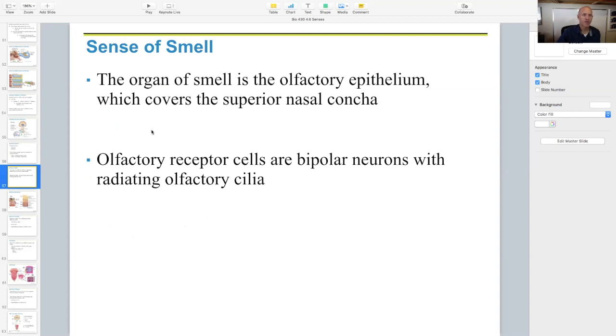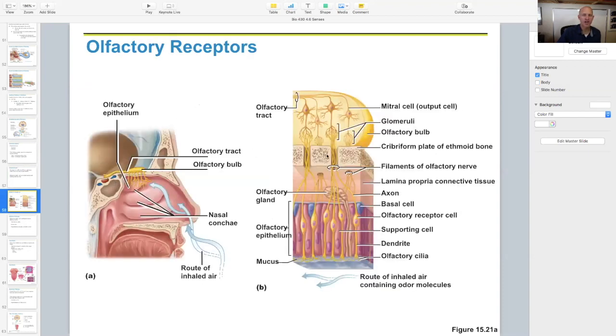The organ for the sense of smell, we call it the olfactory epithelium. So you just have numerous different cells sitting in our sinuses through here, and here's our cribriform plate. Remember all those little holes that sit in the ethmoid bone? You have some nerves that are going to be coming in through here and being picked up in the mucous membrane.